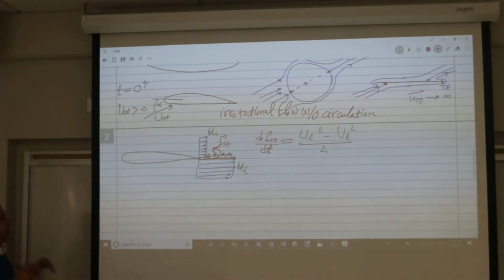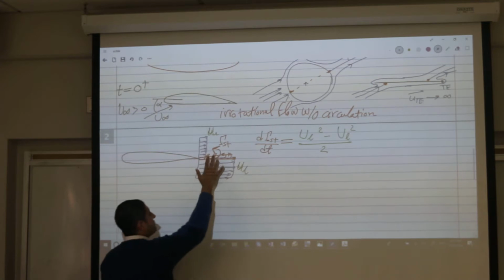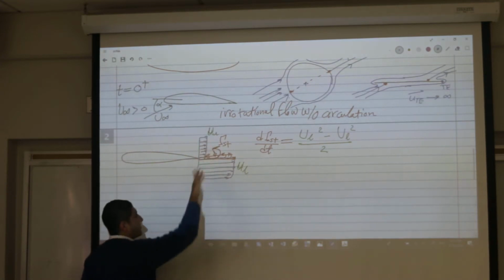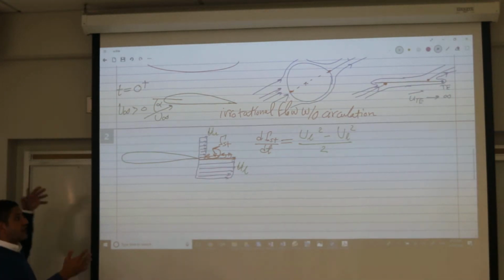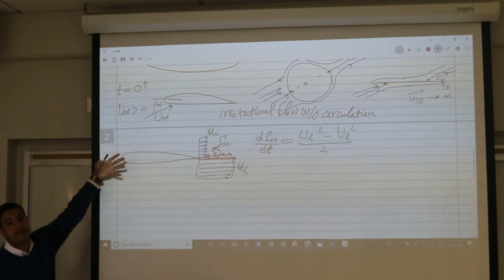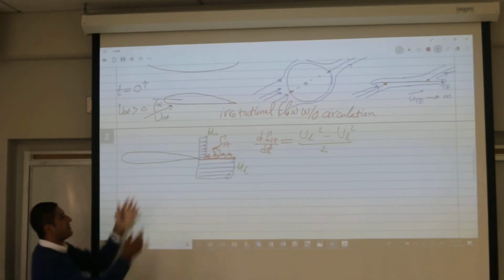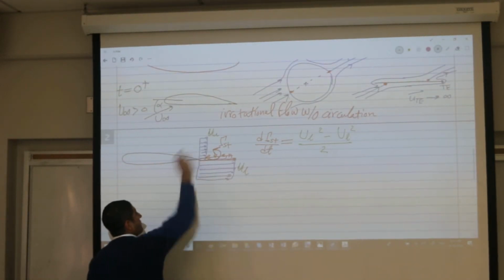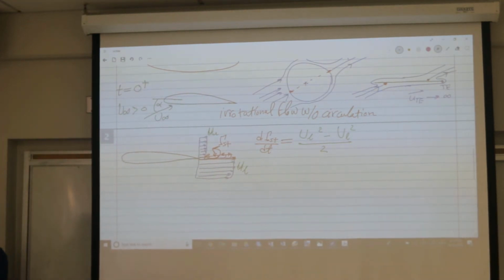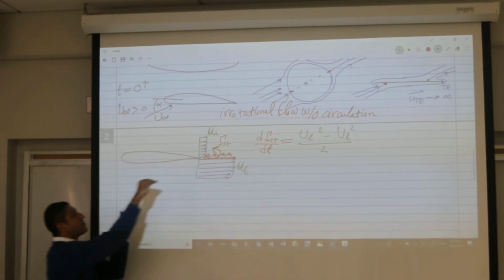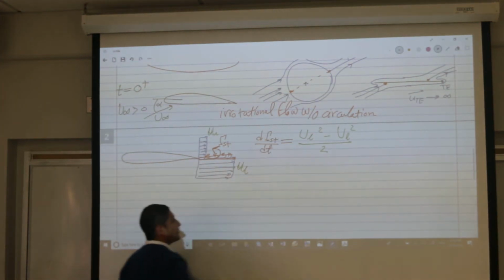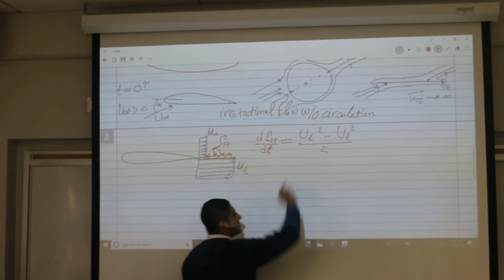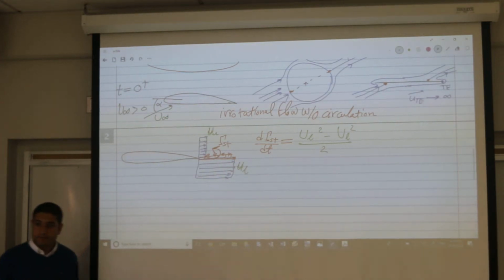So at the very beginning, because the flow on the lower surface is much faster than the flow on the upper surface. Why? Because of the asymmetry. If you don't have an angle of attack, if it's a zero angle of attack, then it's symmetric. But because of the asymmetry, the flow here is much larger than the flow there. Much larger speed at the very first moment. This discontinuity of the speed immediately dictates that there is a generation of circulation by the difference in the speed squared. Okay?